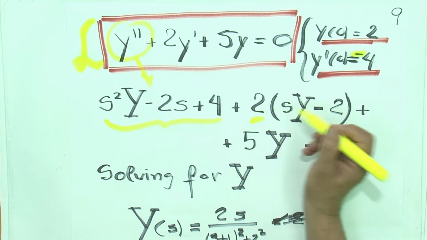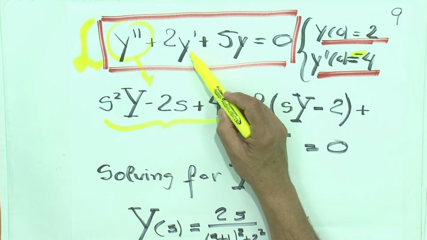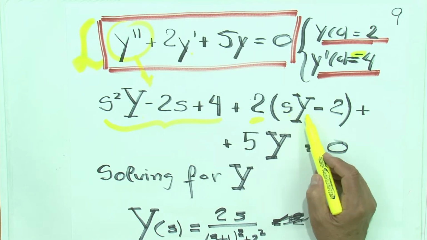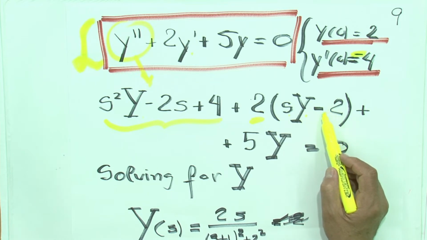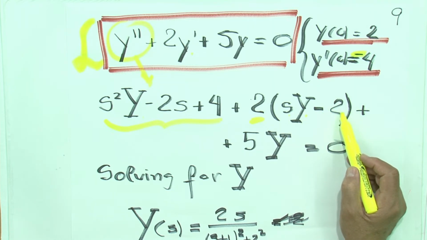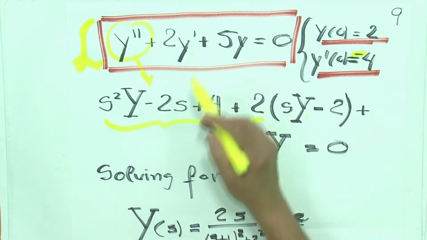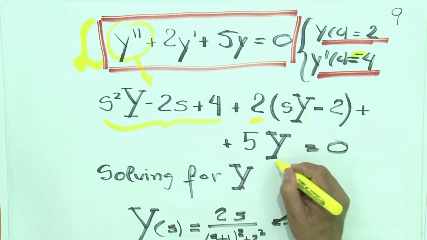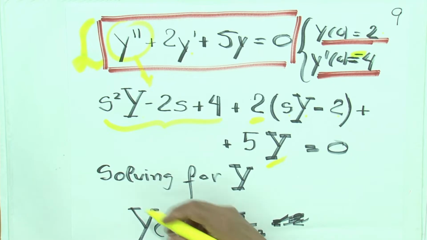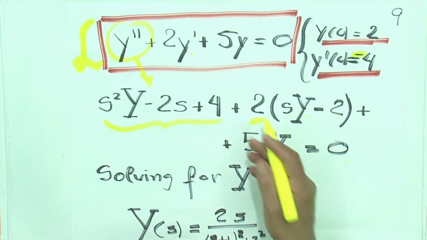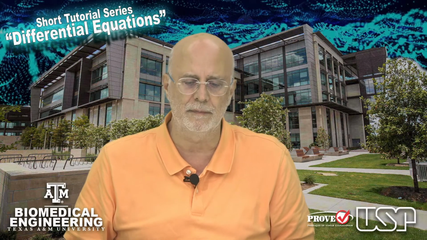Now, 2 times the Laplace transform of the first derivative, which is s times the Laplace transform of this function minus the value of the function at the point 0, which is 2, minus 2. And plus 5 times the Laplace transform of the function itself. And this has to be 0, because the Laplace transform of 0 is 0.